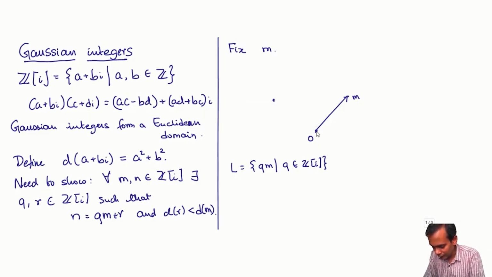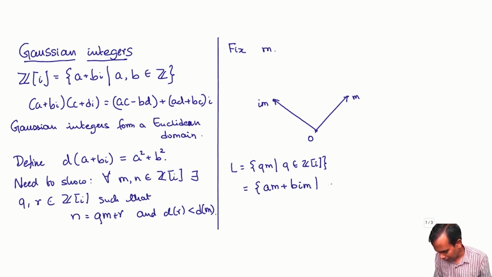So im looks something like this. And this lattice L can be written as am plus bim, where a and b are in Z, just because every q in the Gaussian integers is of the form a plus bi.